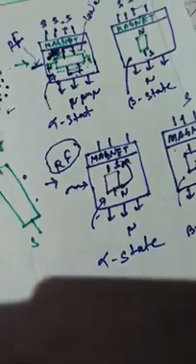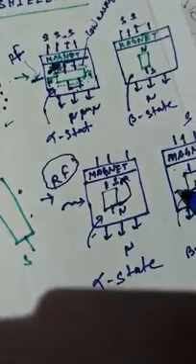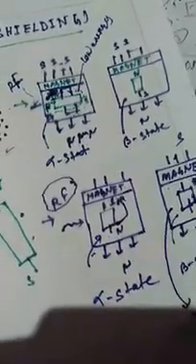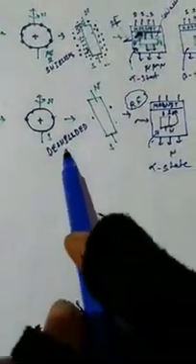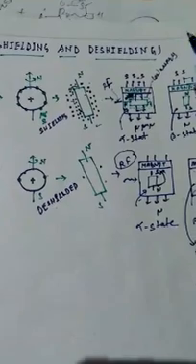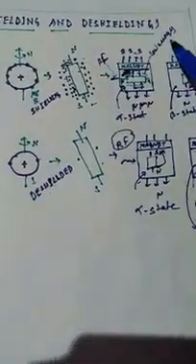This is called beta state, and this beta state needs a high amount of energy. So in deshielding, they need a high amount of energy in beta state, and in shielding we can conclude that they need a lower amount of energy due to the shielding effect.